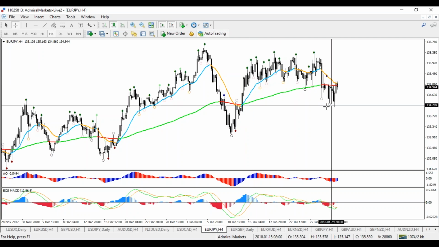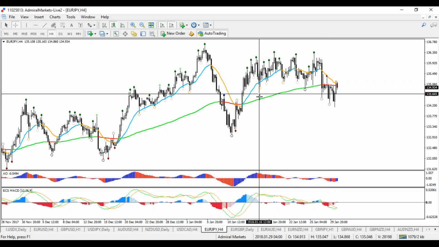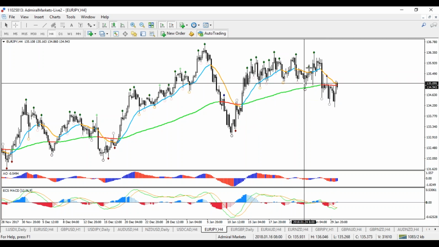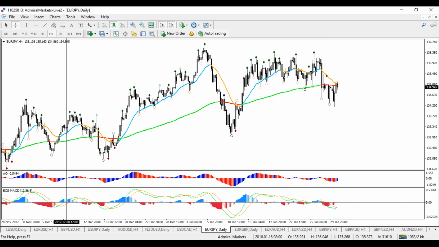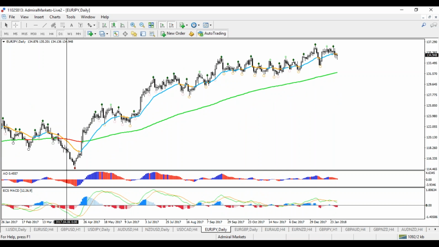I didn't expect necessarily 2 weeks, but because of support and resistance, it could get squeezed in between. So those things can happen.